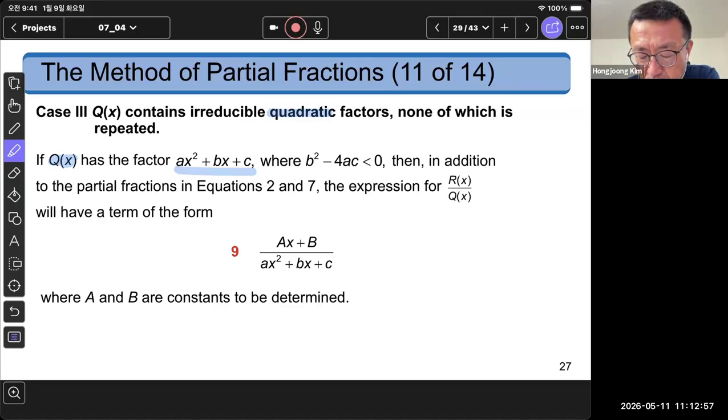In that case, each quadratic factor will introduce this term.